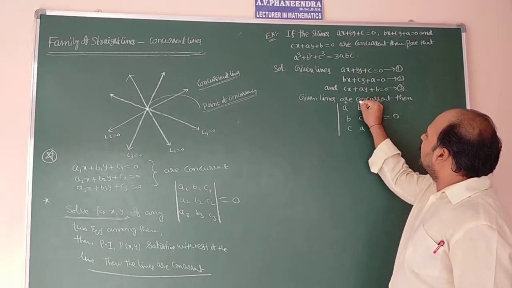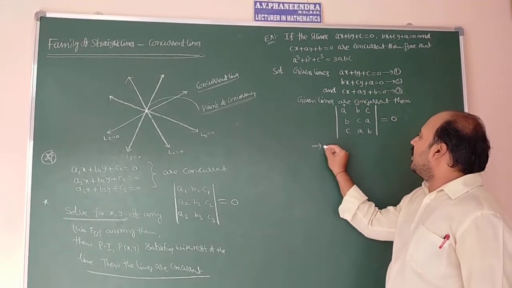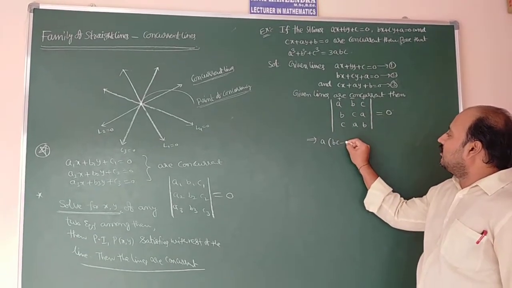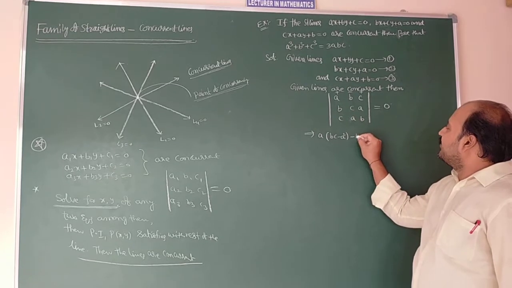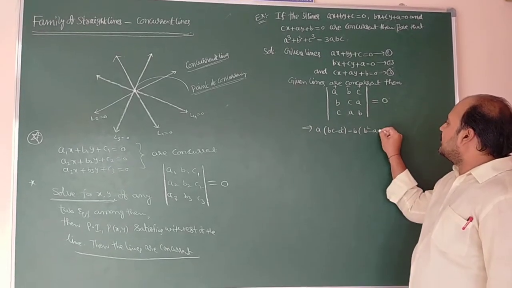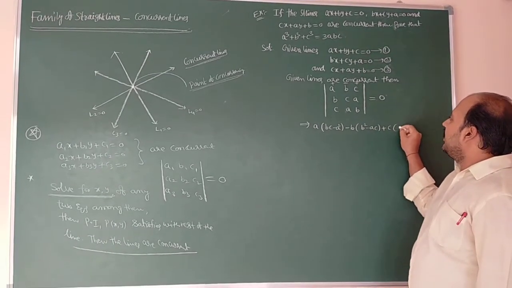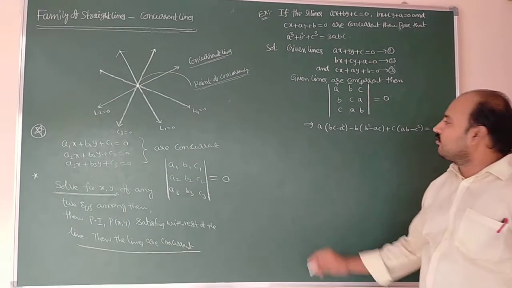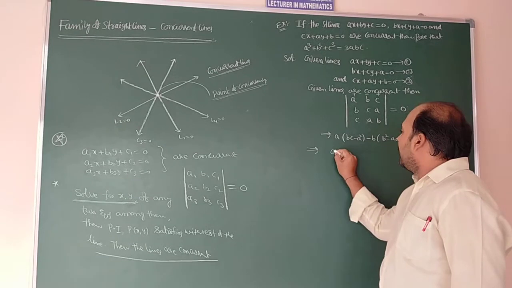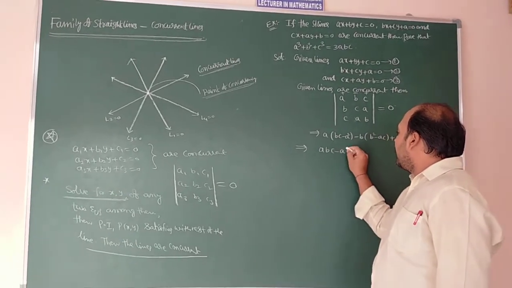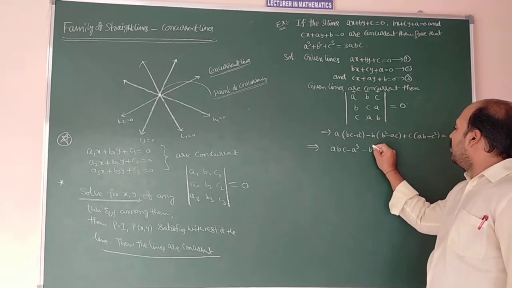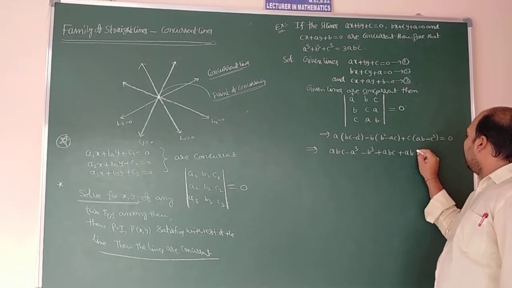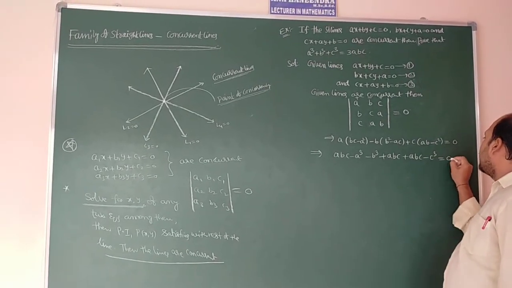Here plus, minus, plus. That implies A into (BC minus A square) minus B into (B square minus AC) plus C into (AB minus C square) is equal to 0, which implies ABC minus A cube minus B cube plus ABC plus ABC minus C cube equals 0.